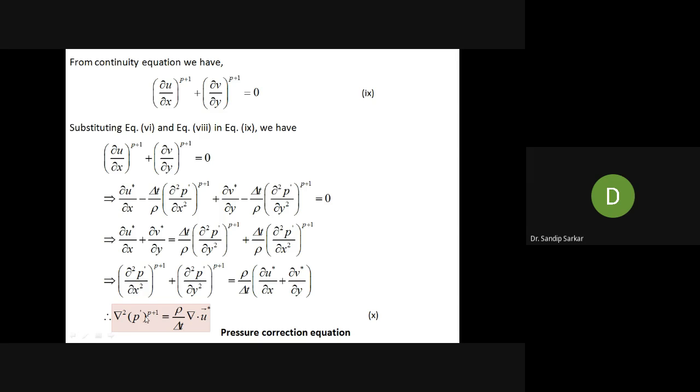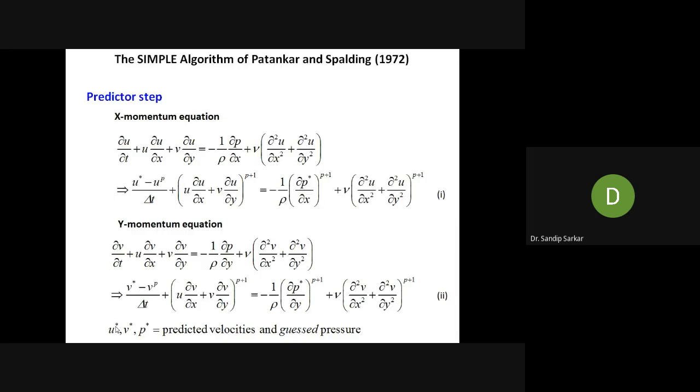So what we are doing: you have obtained the pressure correction equation, right? In the first step, the predictor step, you have obtained u star and v star.